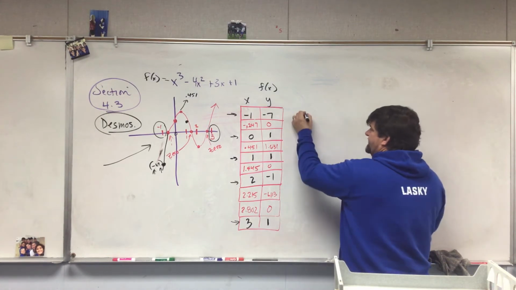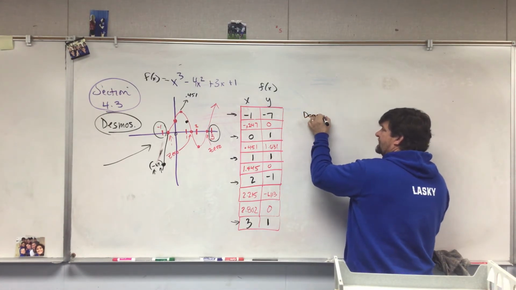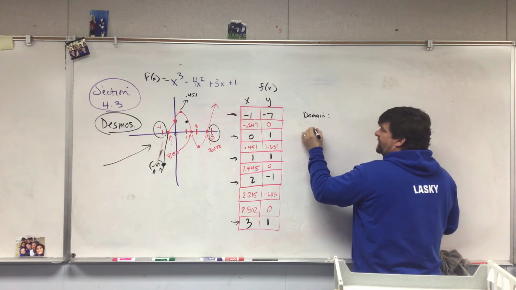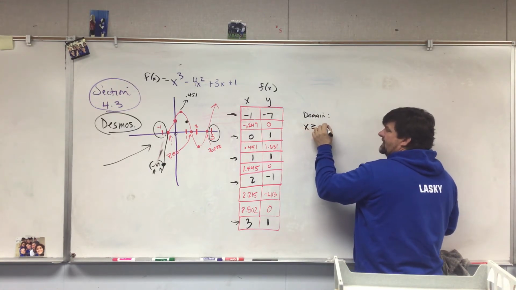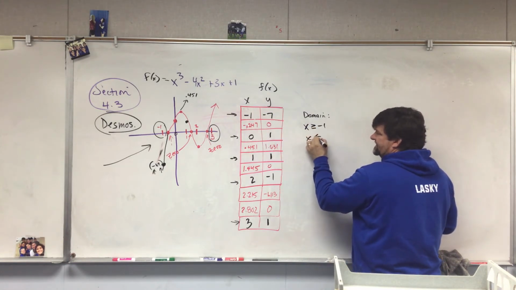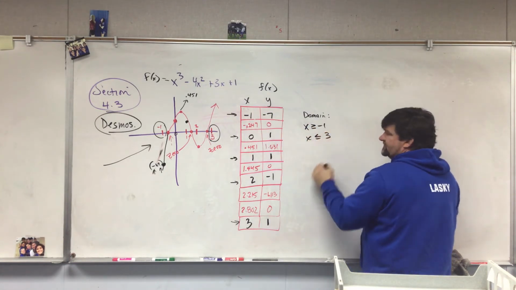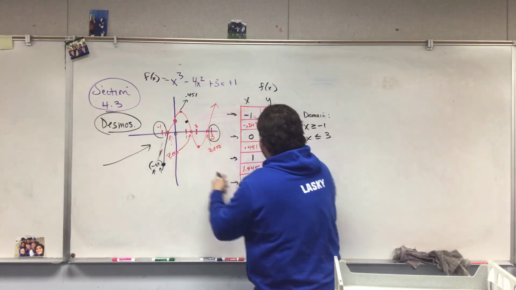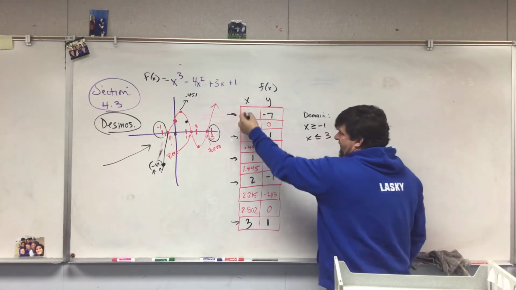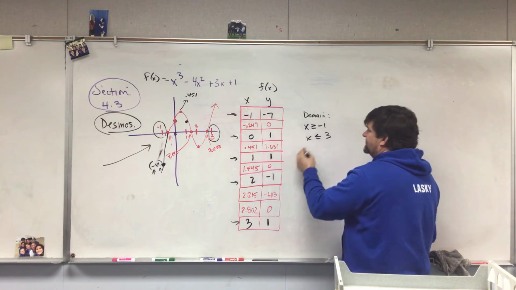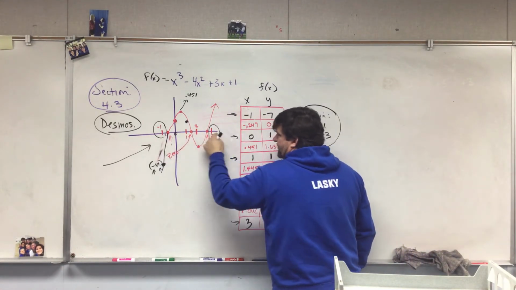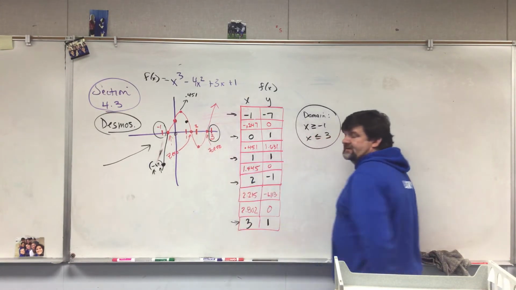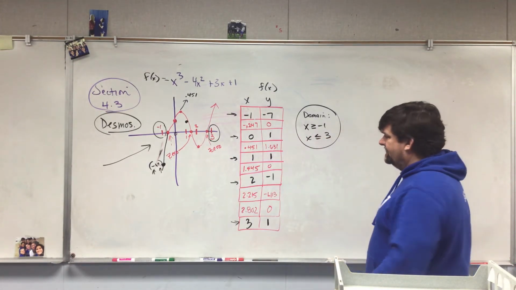So the domain is from x is greater than -1 and x is less than 3. So I'm in between these two. That's the domain I'm looking at. That's why I do the table of values. That's how you do your table of values. Find the left point and the right point that has all the dots, maximum, minimums, and zeros in between.